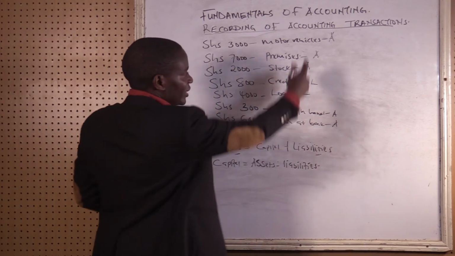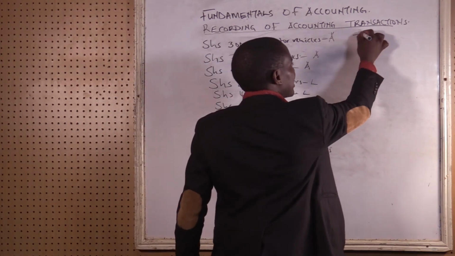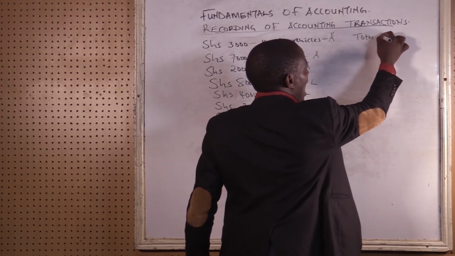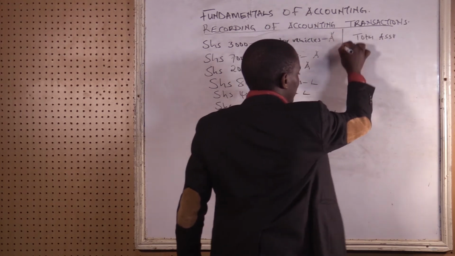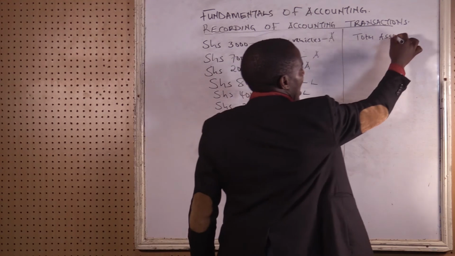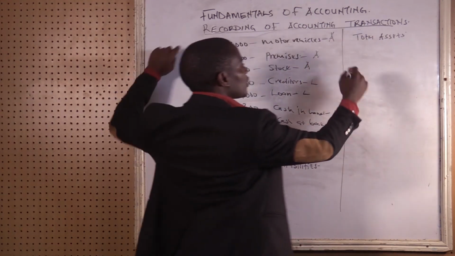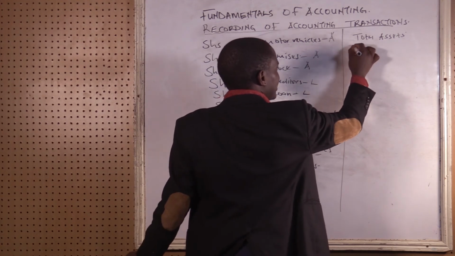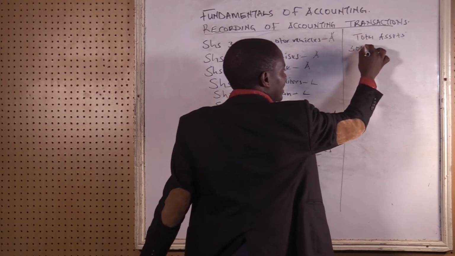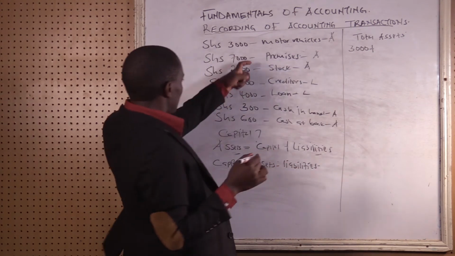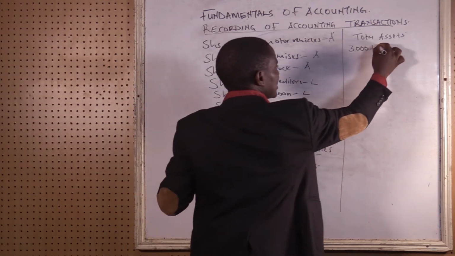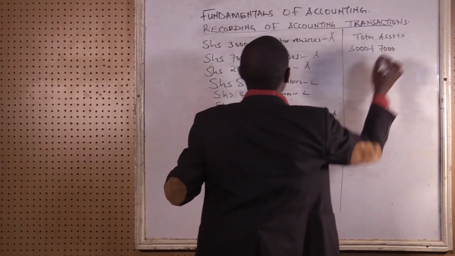Having done that, we can now get total assets and total liabilities. So we can use this space to get the total assets. Our total assets, we had motor vehicles, which is 3,000, plus premises, which is 7,000.